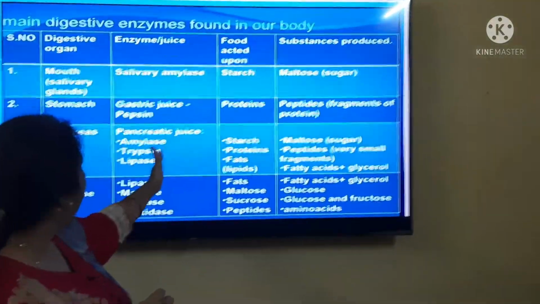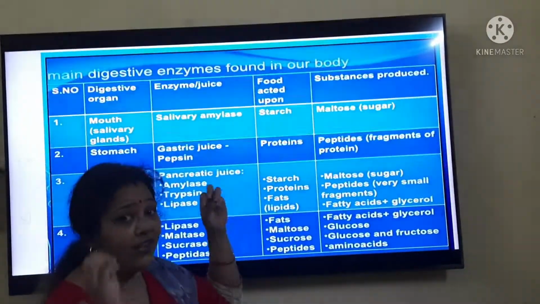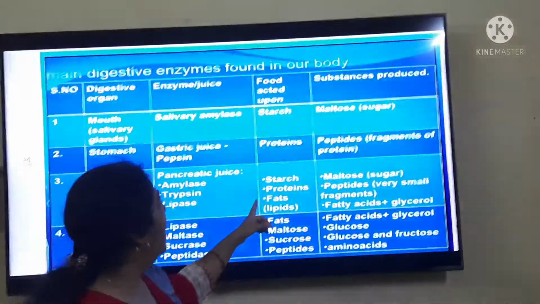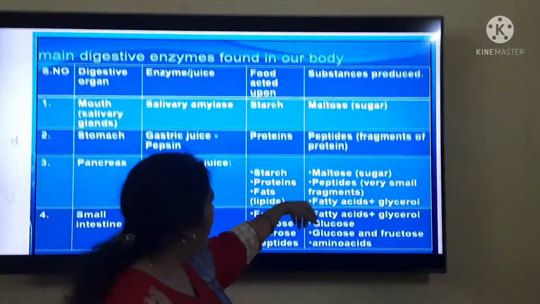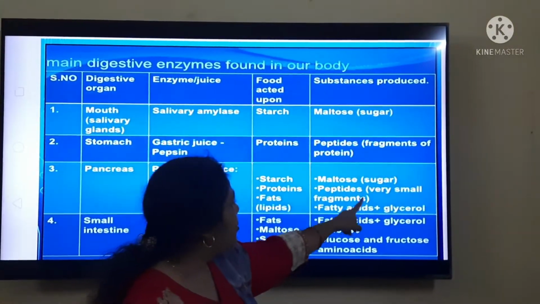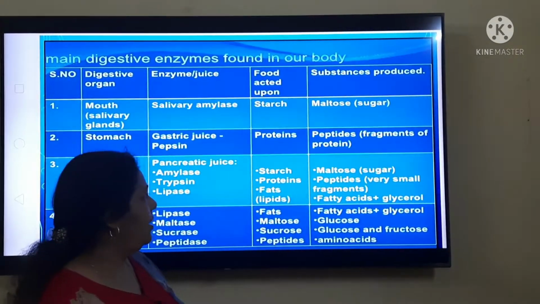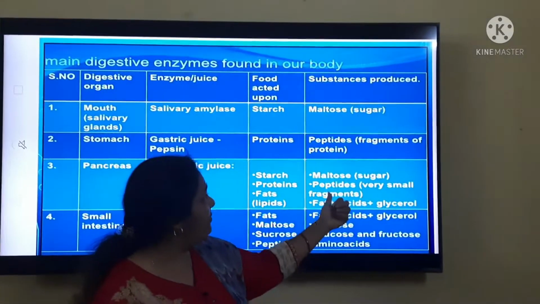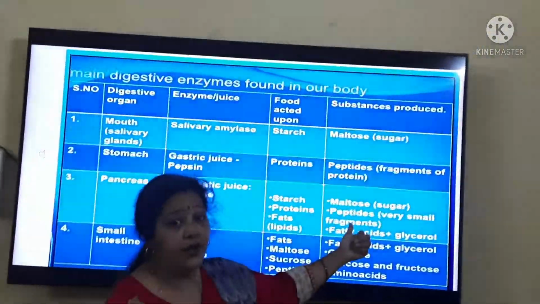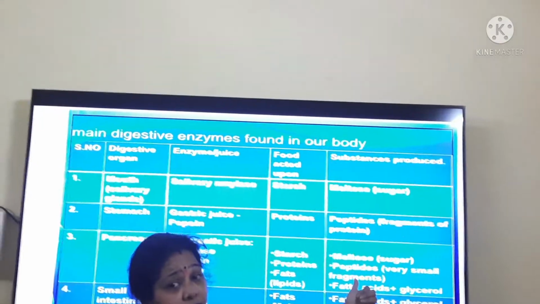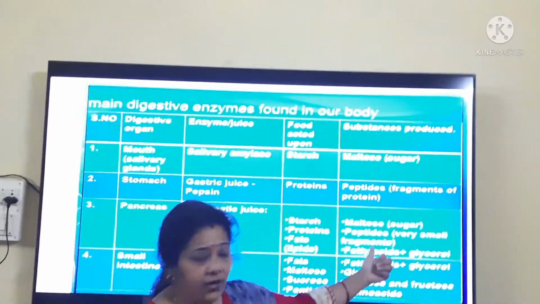Now the food has entered the small intestine, where the secretion of the pancreas is entering, and it acts upon them and converts them into very small fragments. These very small fragments are peptides, but still not in a condition that our body can absorb. Still this cannot be absorbed by the body.